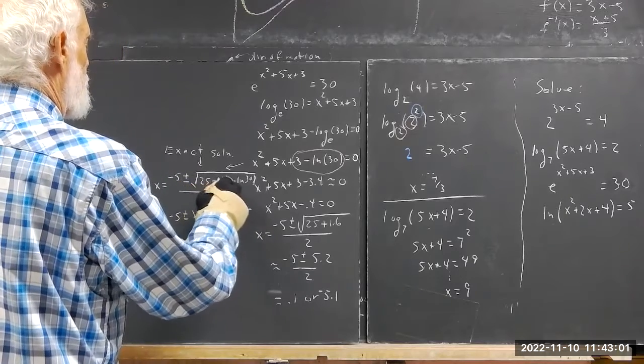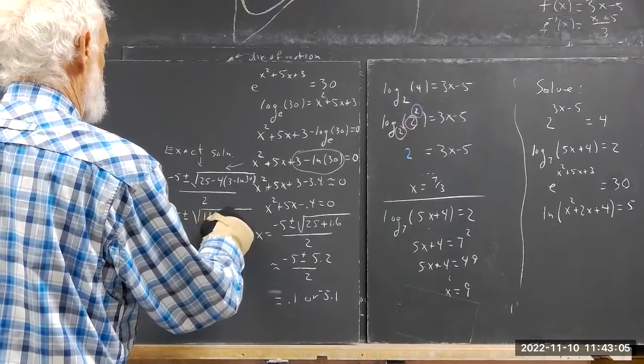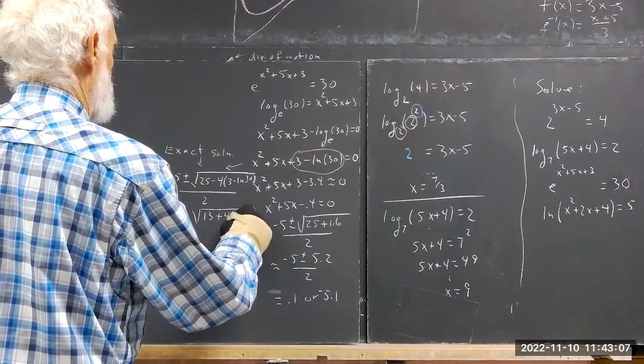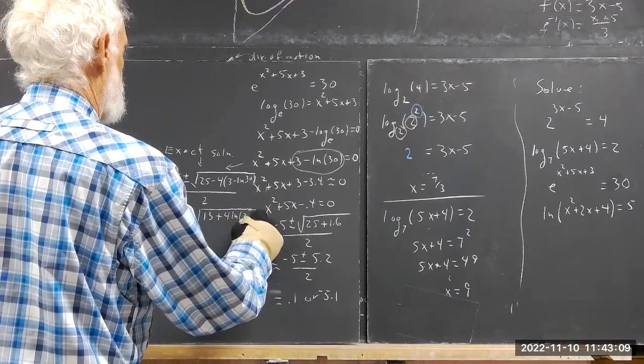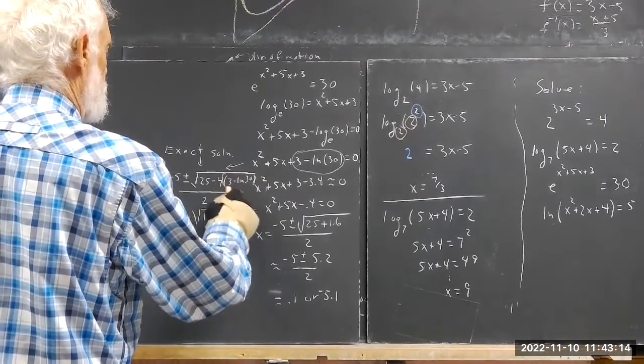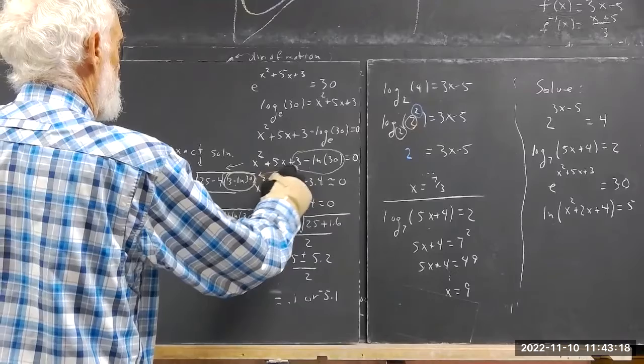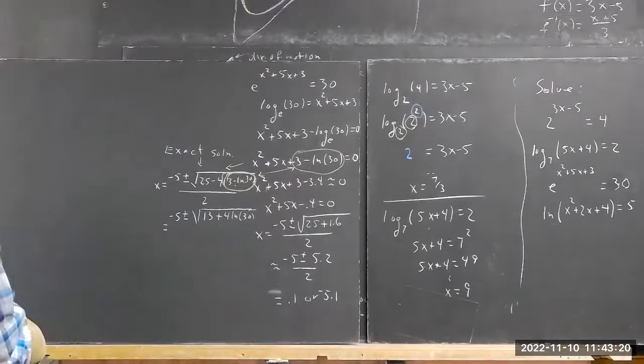Okay, 25 minus 12 is 13. And we get 4 natural log of 30. And that's one circle around this to indicate that's my c value.